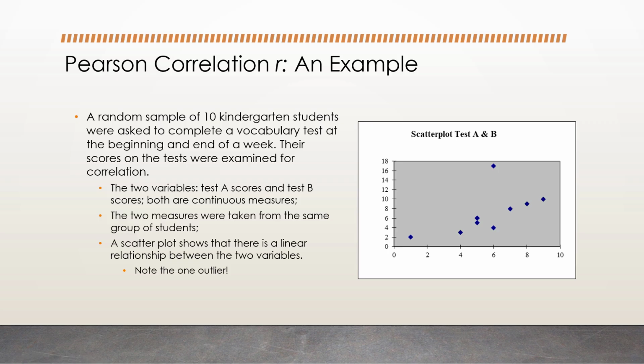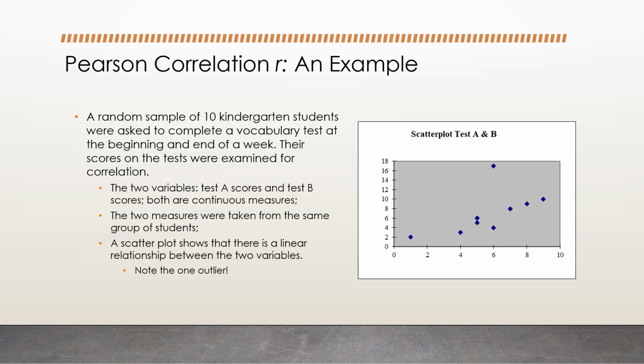Let me use a simple example to explain the Pearson correlation coefficient R. A random sample of 10 kindergarten students completed a vocabulary test at the beginning and end of a week. Their scores on the two tests were examined for correlation.